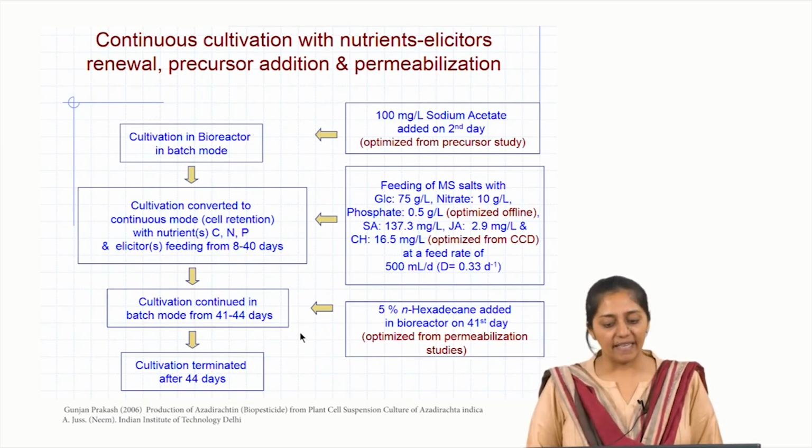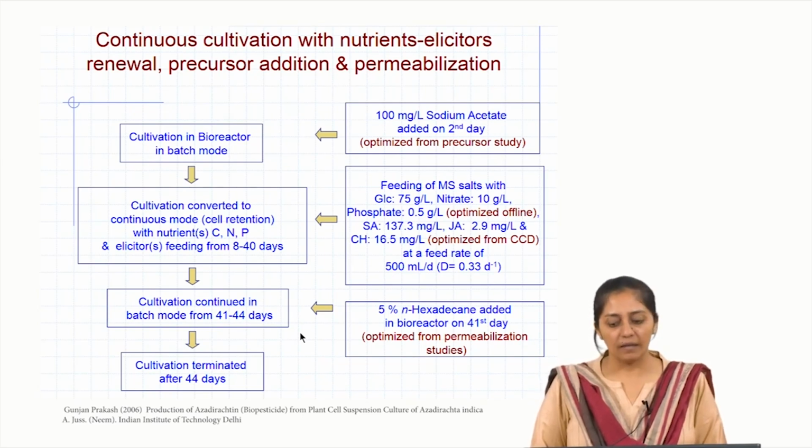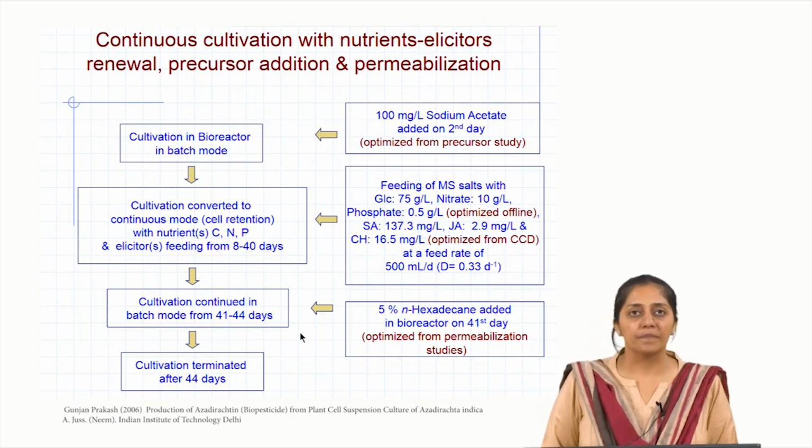If you see on the right hand side, sodium acetate was used as a precursor which was added on the 2nd day, then feeding of the MS salts with glucose, nitrate and phosphate in the feed, which was optimized offline, was done from the 8th day till the 40th day, along with the addition of salicylic acid, jasmonic acid and chitosan, which was optimized previously using central composite design at a feed rate of 500 ml per day.